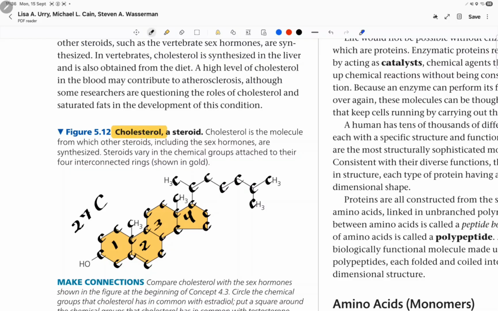This will make cholesterol very nonpolar, and cholesterol is found as part of the structure of steroid hormones. That means that steroid hormones will be themselves also nonpolar.